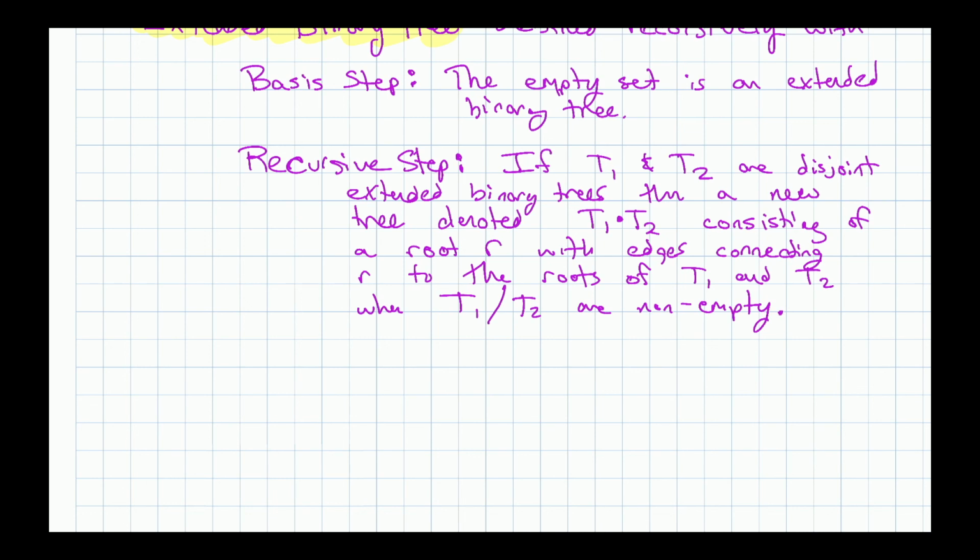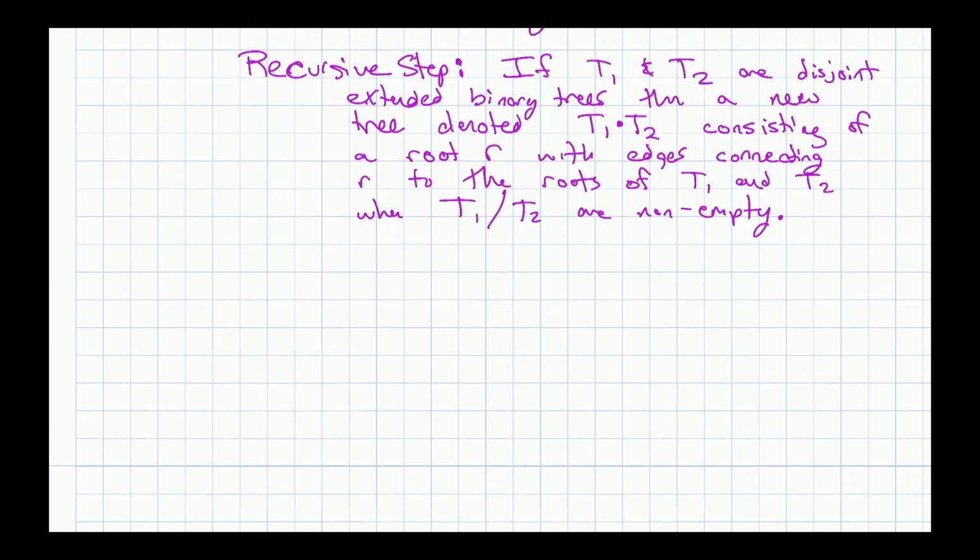All right. So this is similar to the previous definition, but you can hopefully see that it is a little bit different, right? Allowing the empty set to be a binary tree makes it a little bit different. And because of that, there might not actually be an edge connecting one of the trees to the new root. So let's draw some pictures. Basis. So what's the simplest extended binary tree?